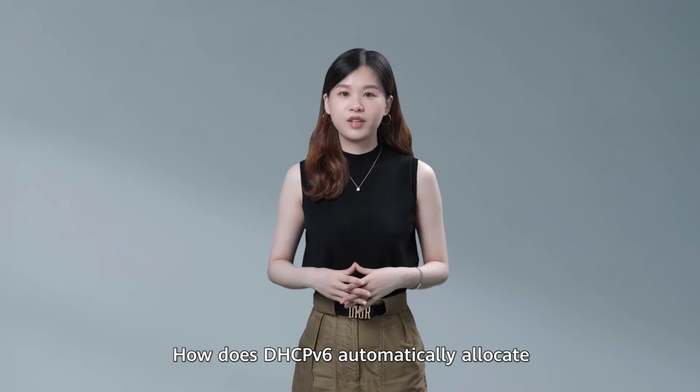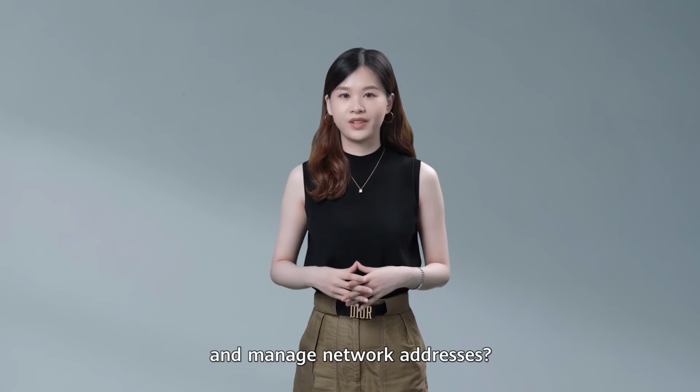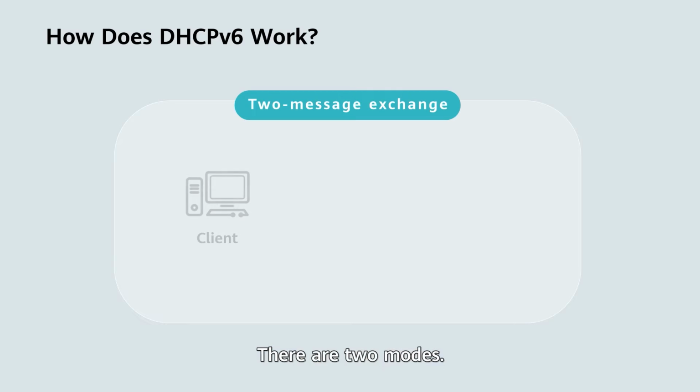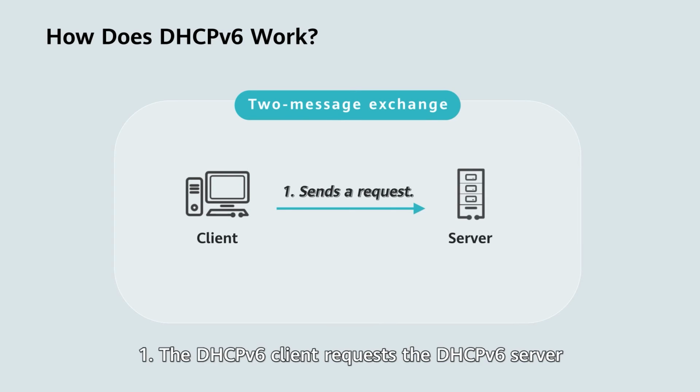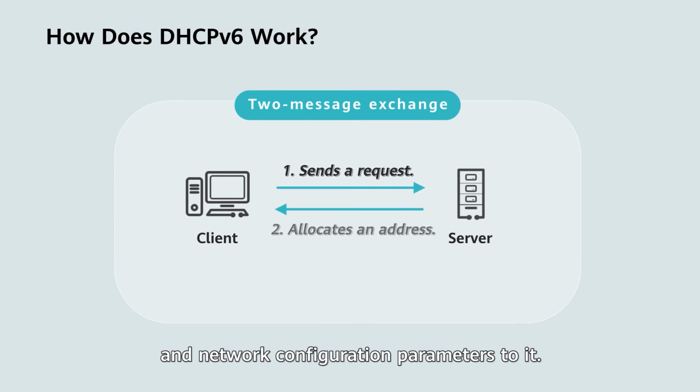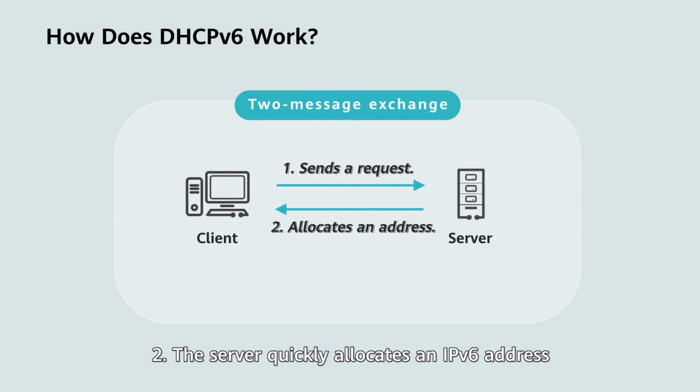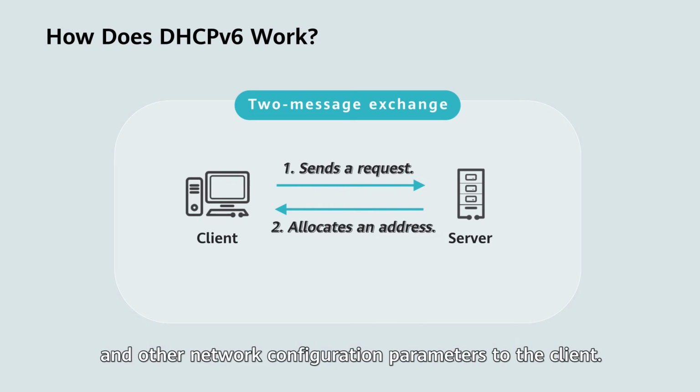How does DHCPv6 automatically allocate and manage network addresses? There are two modes. One is two-message exchange shown in the figure. First, the DHCPv6 client requests the DHCPv6 server to quickly allocate an address and the network configuration parameters to it. Second, the server quickly allocates an IPv6 address and other network configuration parameters to the client.